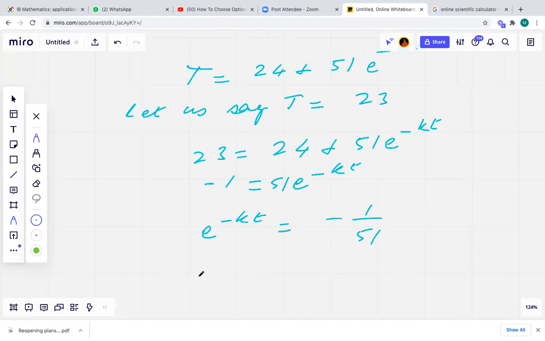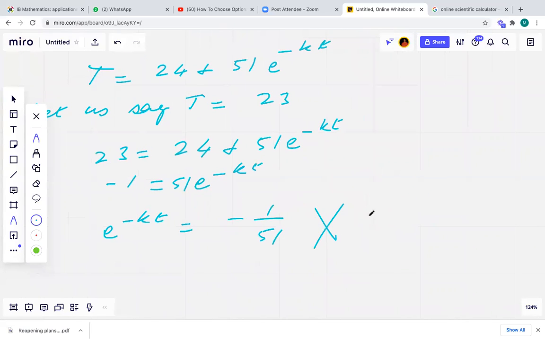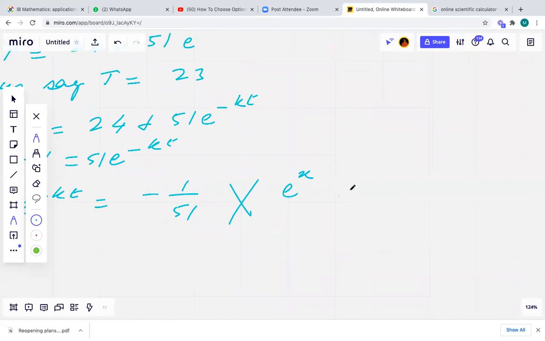This is wrong because e to the power of anything cannot be negative.